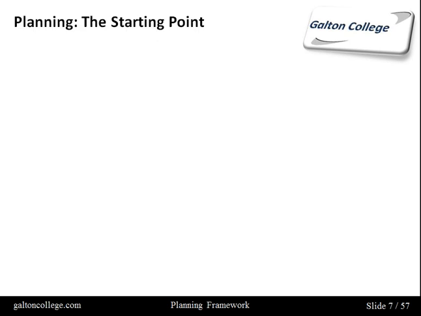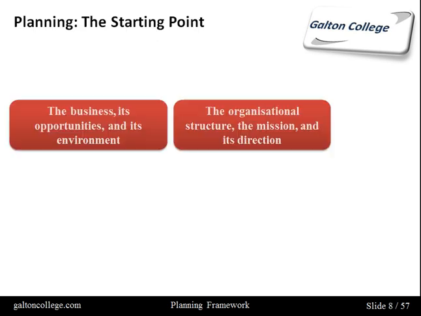So the starting point for the plan, well, the starting point is the business, its opportunities and its environment. So it's looking at the organizational structure, the mission and its direction.